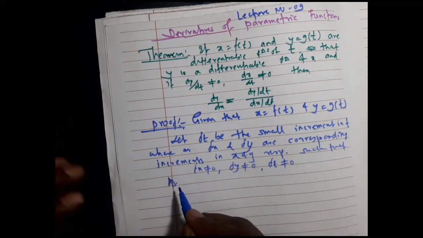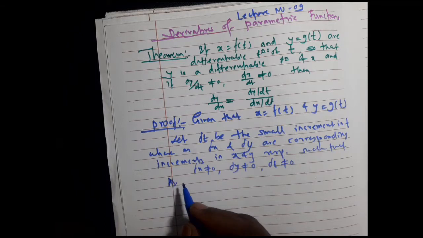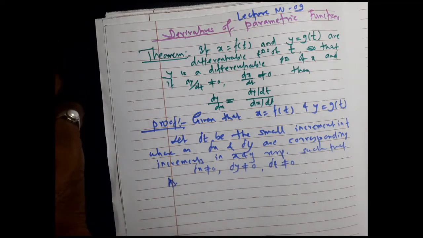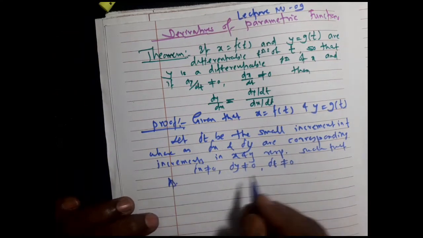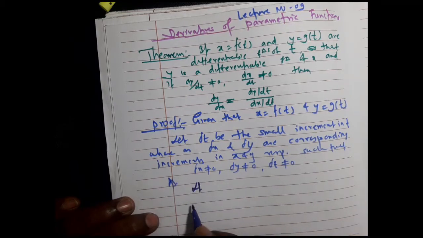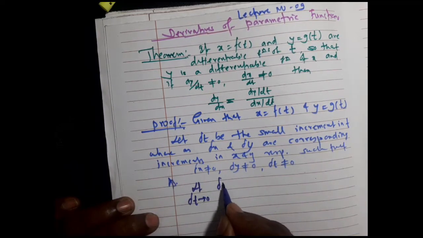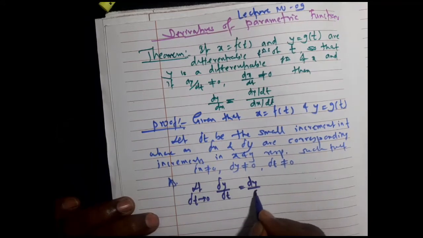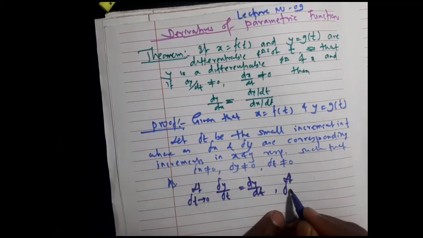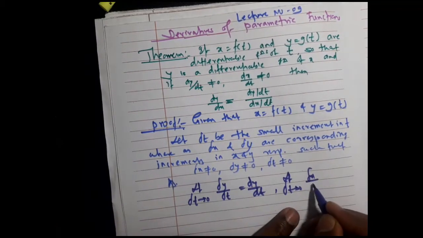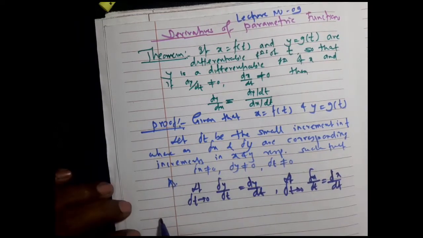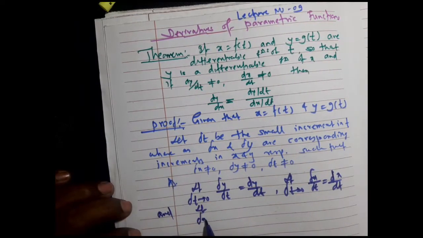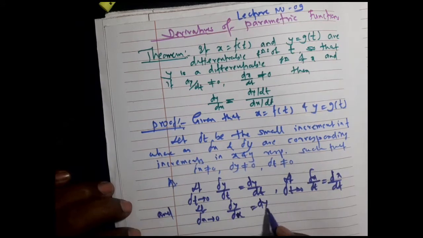As these are differentiable functions, as x, y and t are differentiable functions, then limit delta t tends to 0, delta y by delta t is equal to dy by dt, limit delta t tends to 0, delta x by delta t is equal to dx by dt, and limit delta x tends to 0, delta y by delta x is dy by dx.